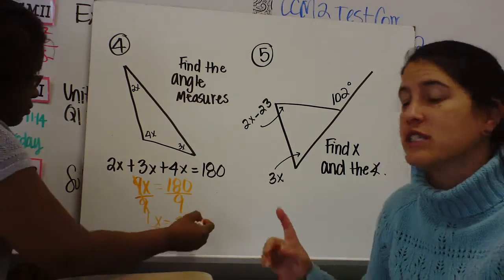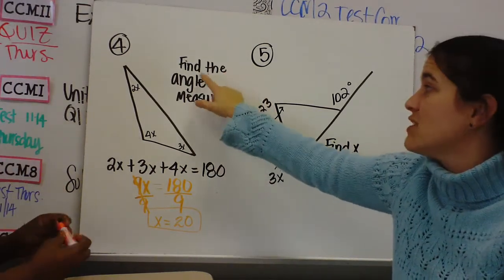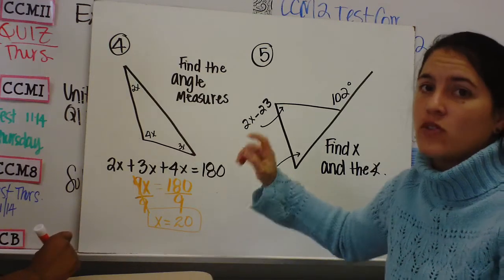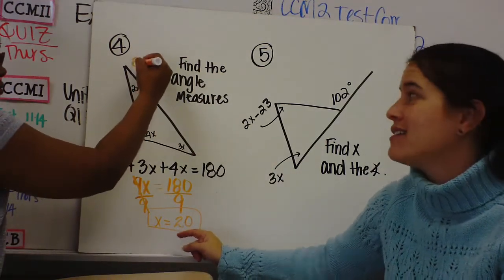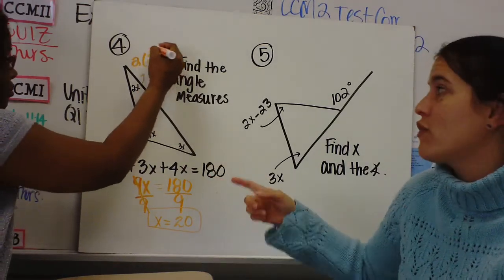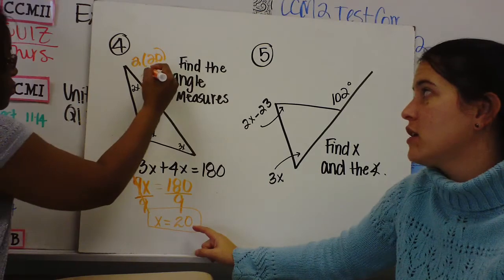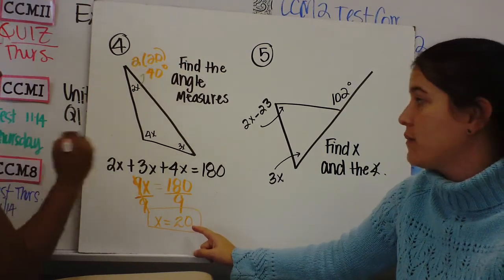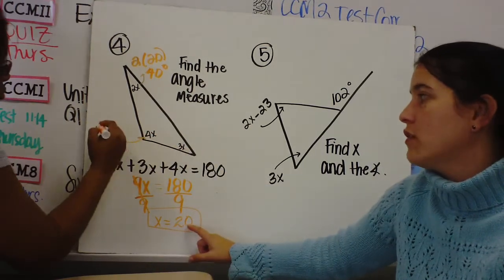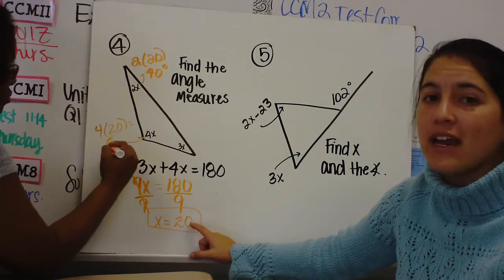And we've talked about this. We go back to our question. Does our question say find x? It does not. The question says find the angle measurements. So we need to take our x value and substitute it in to find our angle measurements. So the first one, 2x, means 2 times 20, which is 40. So the first angle measurement is 40. The second one, 4 times 20, is going to be 80 degrees.